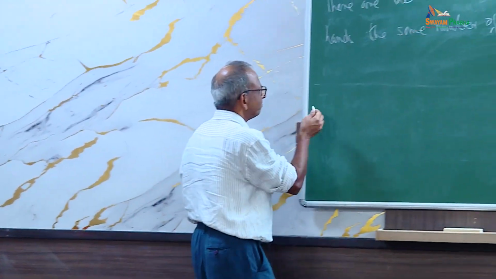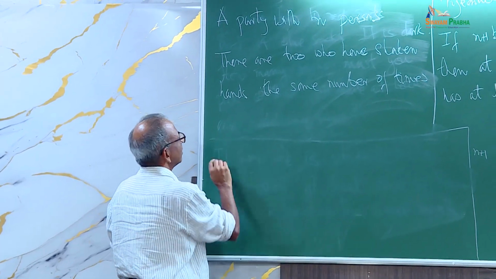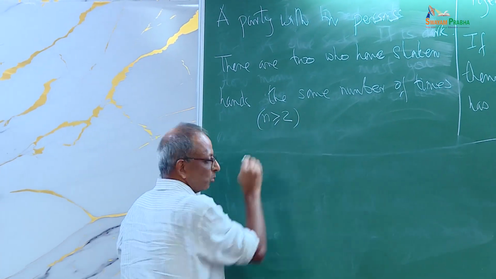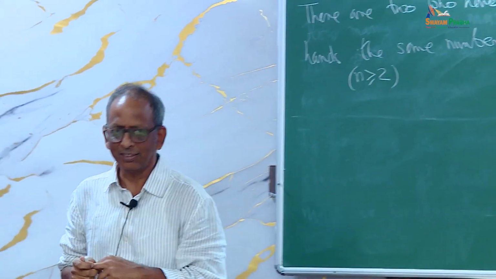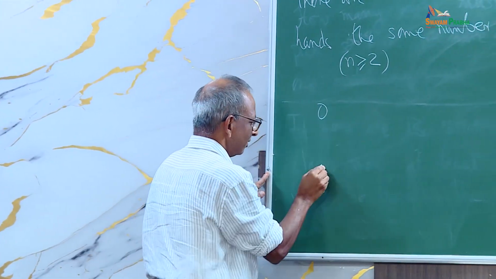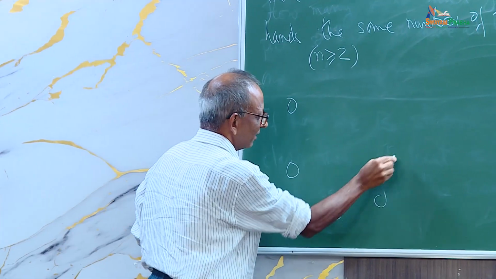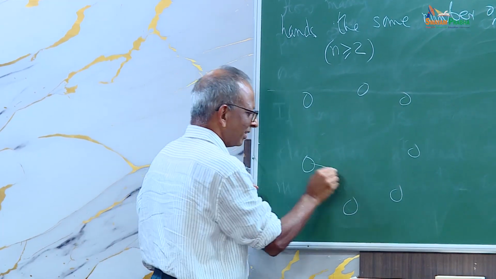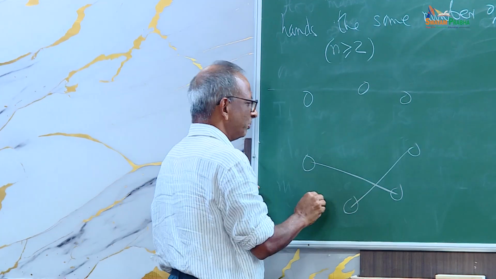Maybe I should say n is at least 2, because if there are not even 2 people, it's not very easy to shake hands. So you have these n people, and some of them shake hands, some of them don't.